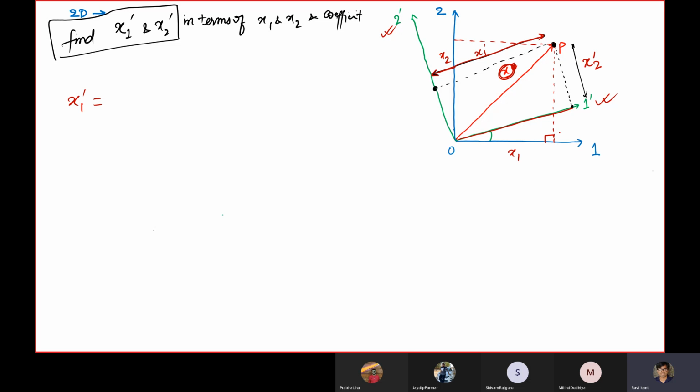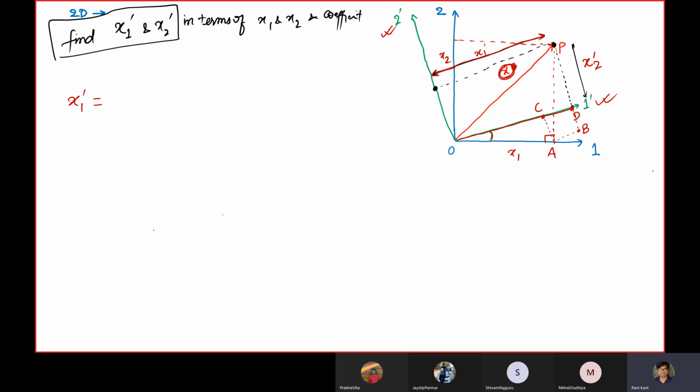So this is, let's suppose, A. This is D, and I will make a perpendicular line over here and call this C, and again a perpendicular line over here, which I call B.